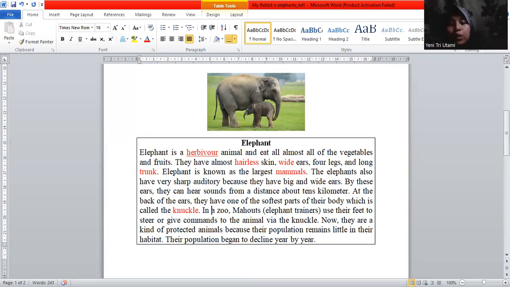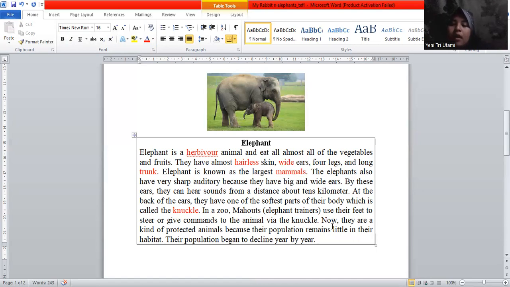And in a zoo, mahouts is a term to call their trainers, elephant trainers, who use their feet to steer or give commands to the animals via the knuckle. So the mahouts will use their feet to give commands to the animal via the knuckle. They will touch the knuckle part here using their feet.